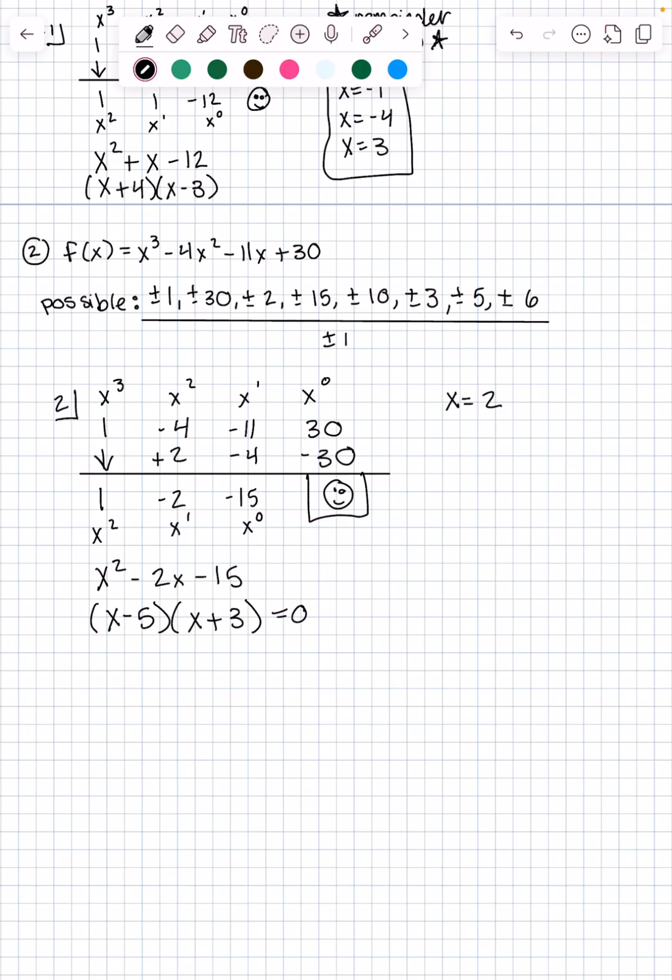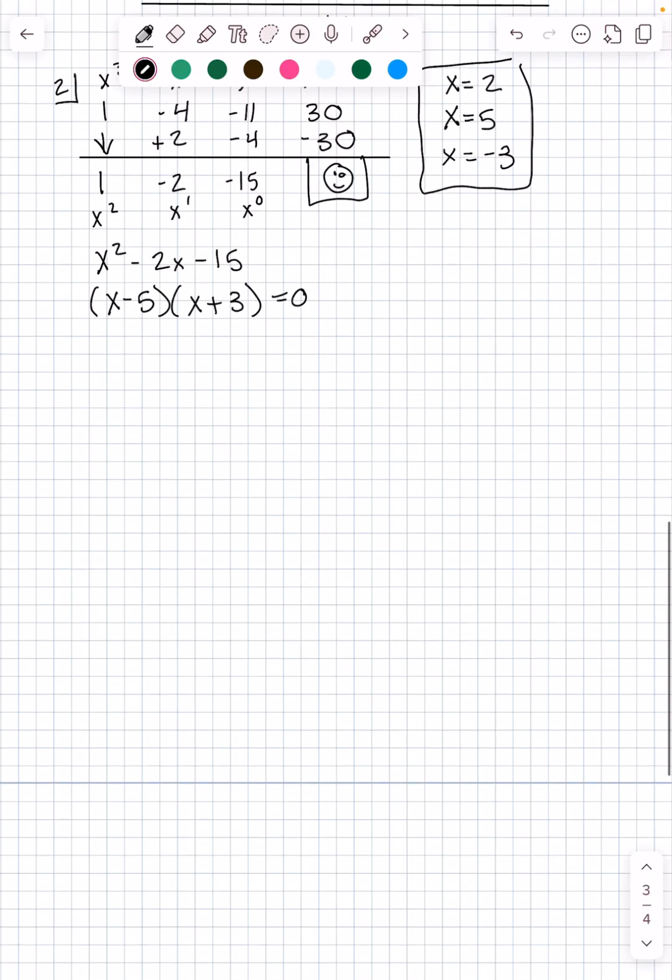So if this was equal to 0, x would have to be positive 5 and x would have to be negative 3. And these are my 3 solutions here. Okay. Next one.